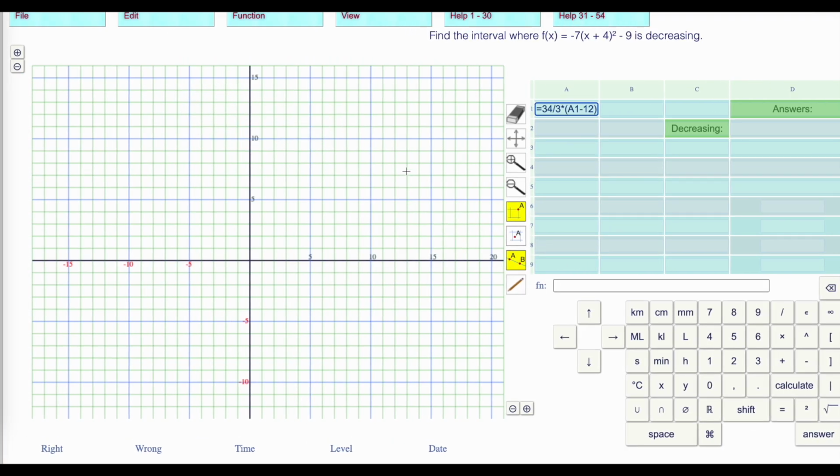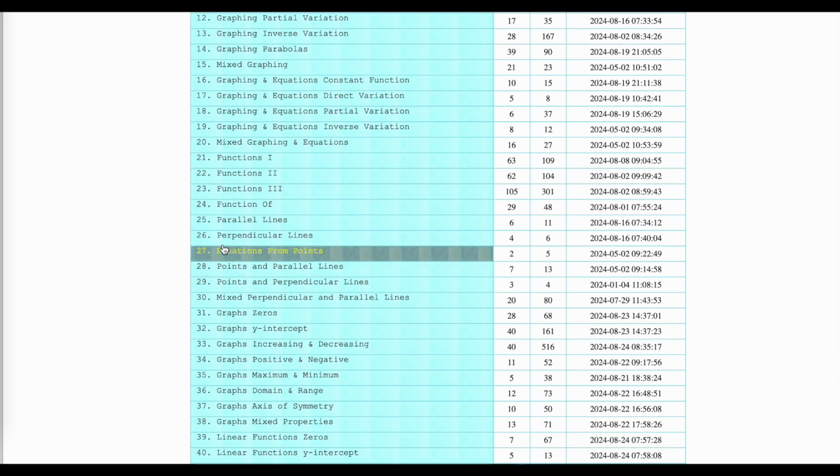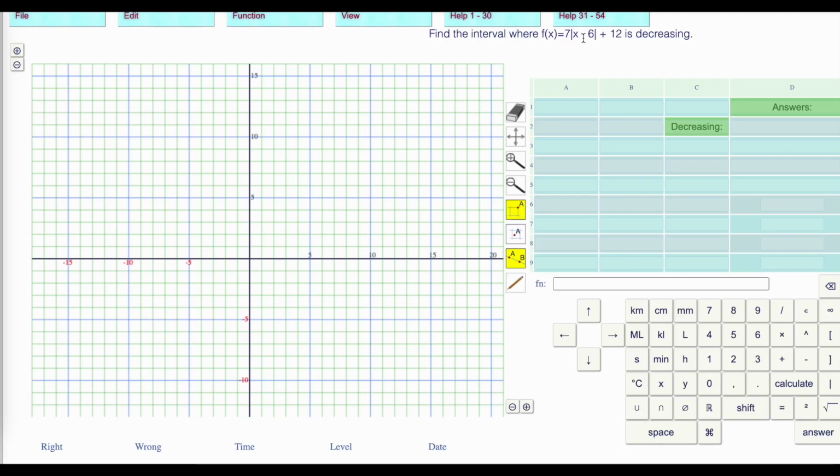That's increasing and decreasing on the parabola, and then very similarly for the absolute value function. Find when this is decreasing. My vertex is (6, 12), like that. It's opening up. It's going to be doing something like this. Let's find exactly what it's doing. When x is 6, the y value is 7 times the absolute value of the x, take away 6, which gives us 0, plus 12 is 12.